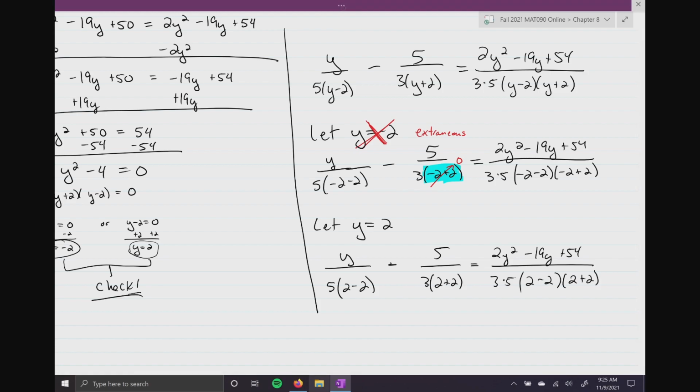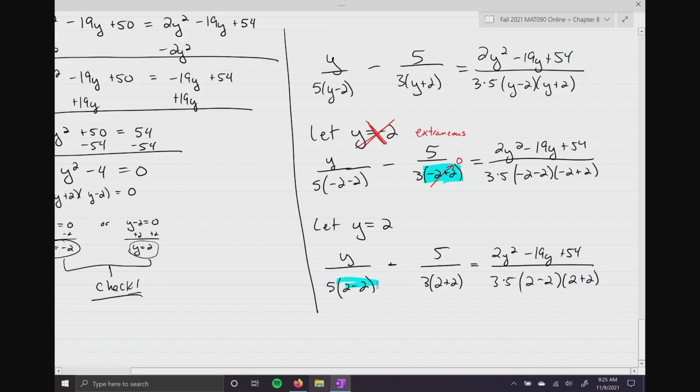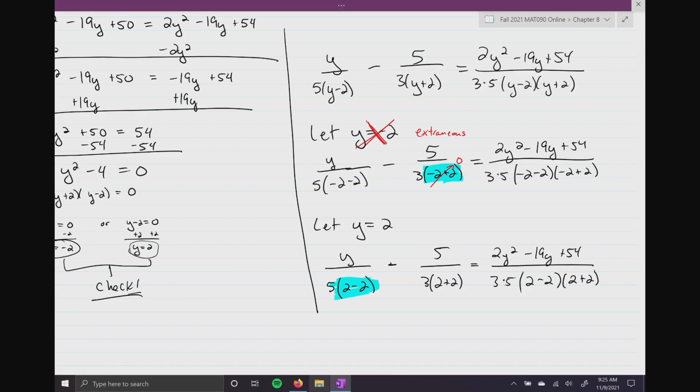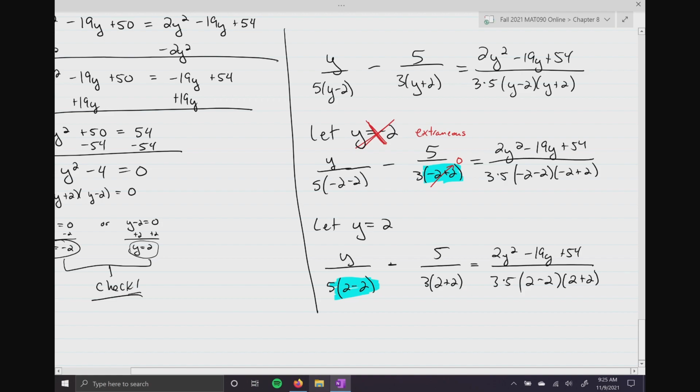And once again, I get my highlighter out because I see this. It's glaring, correct word this time. And I know 2 minus 2 is 0. So this goes to 0. Therefore, y equals 2 is extraneous.